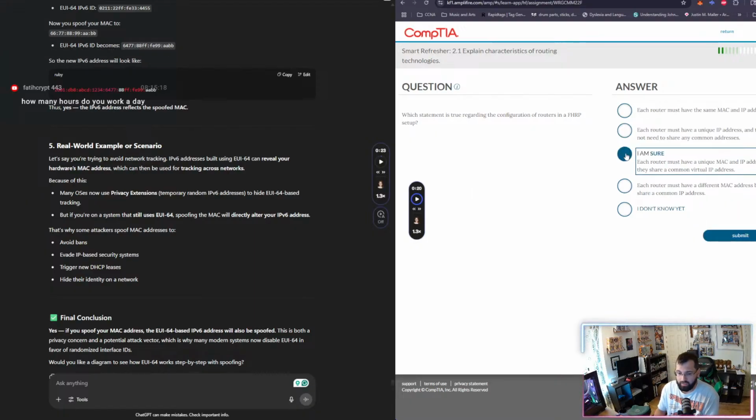What a virtual IP address is, if I remember correctly, and I'm gonna do an unsure so that we can go through these answers again, is like you have two routers and they're set up so that if one goes down, the other one takes over. So they share one virtual IP address in the event that if one goes down, it can adopt that virtual IP address.